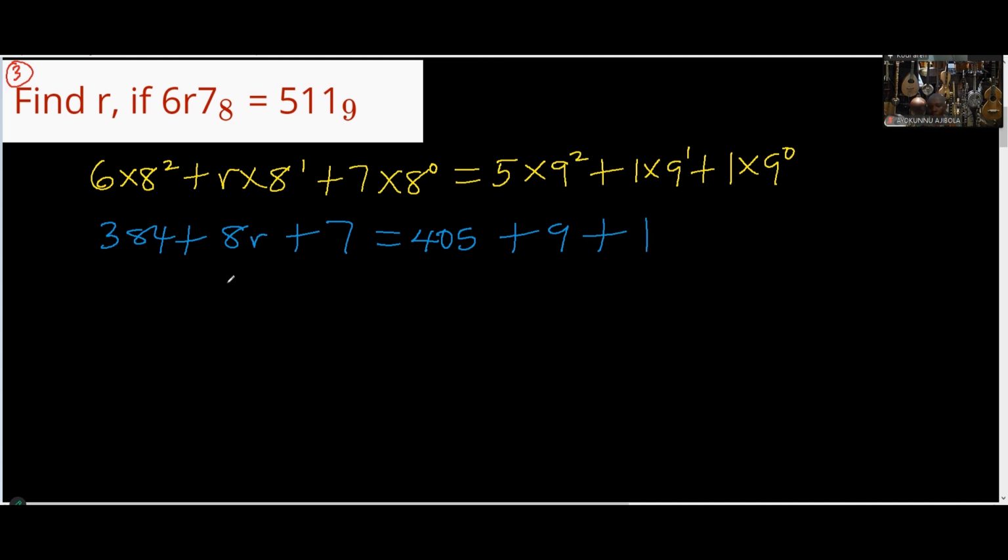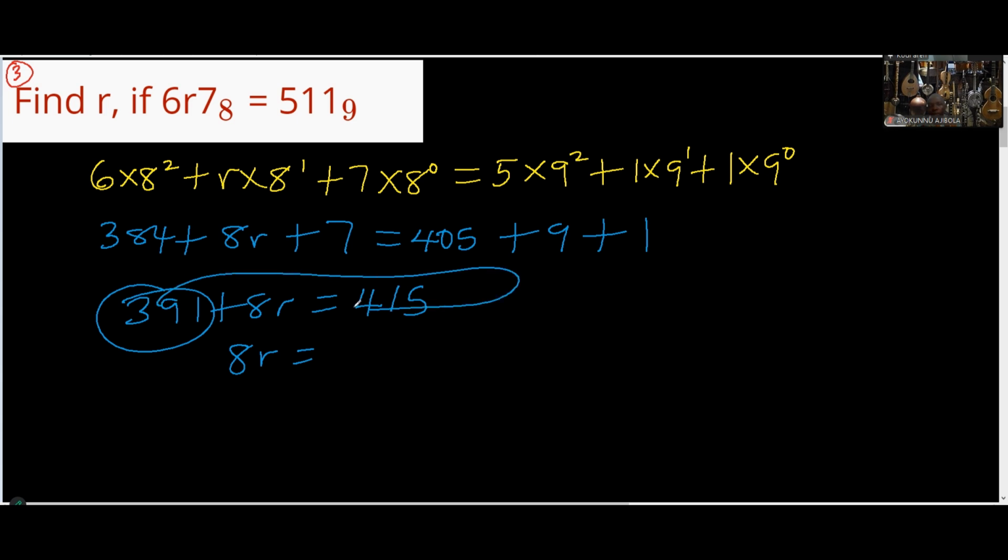So on the left side, I have 384 plus 7, that is 391, plus 8r. Then on the right side, I have 9 plus 1 is 10, plus 405, that's 415. So 8r, we collect like terms. This doesn't have any r, so it goes to the side that doesn't have any r too.